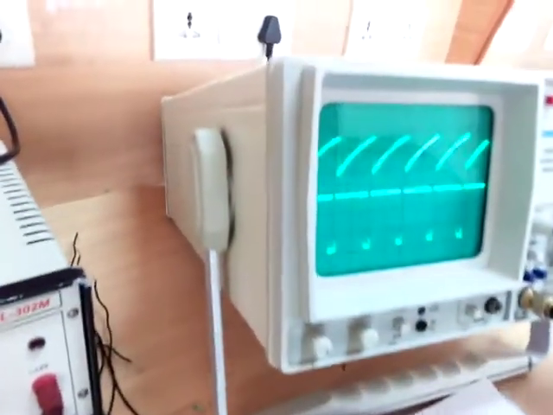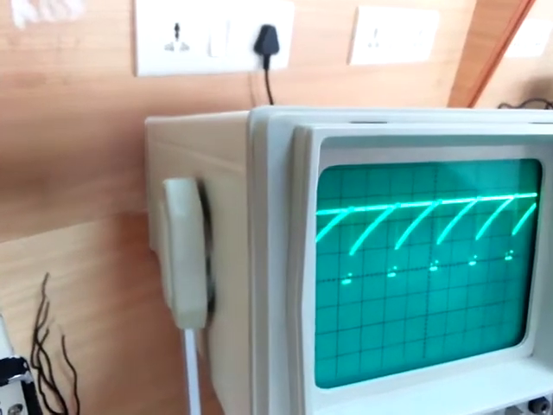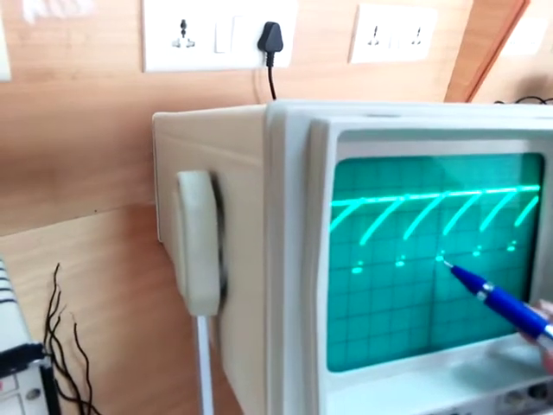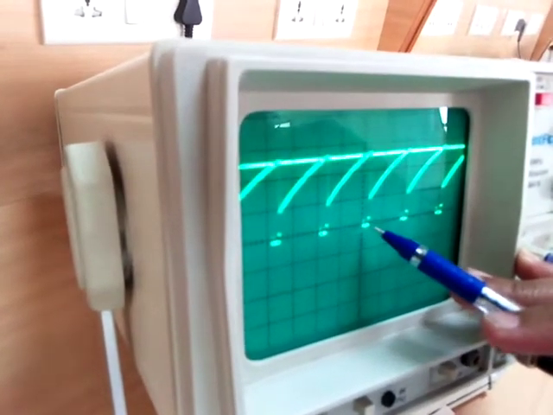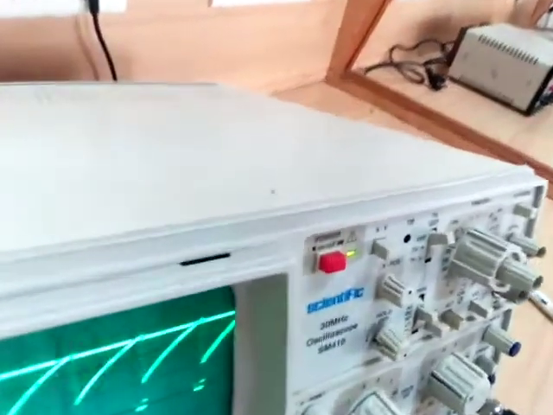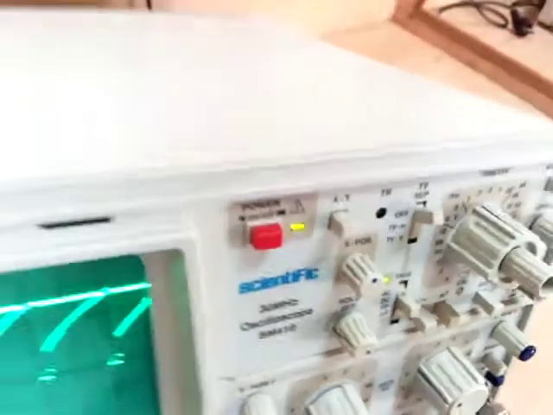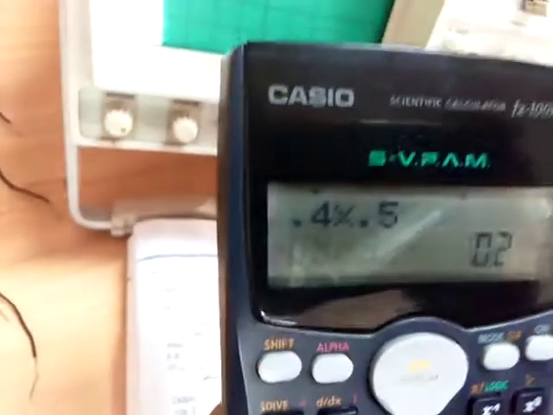Similarly, T off. Observe the output here. From the 0 point to 0.4, so 0.4 divisions, 0.4 into 0.5 milliseconds gives us 0.2 milliseconds.